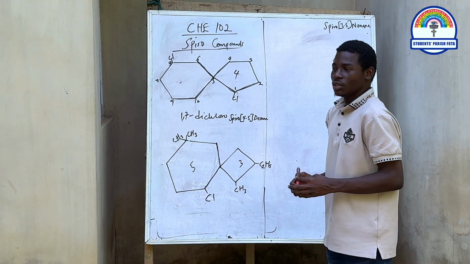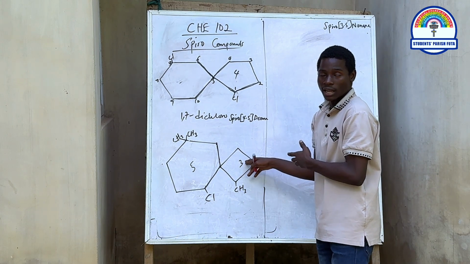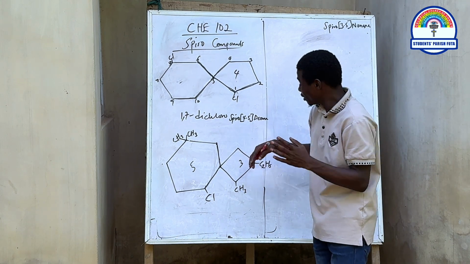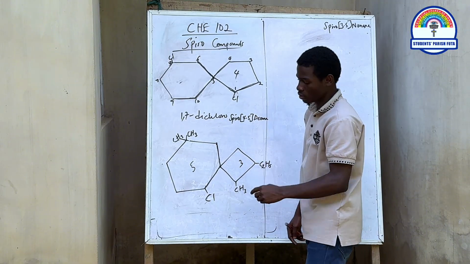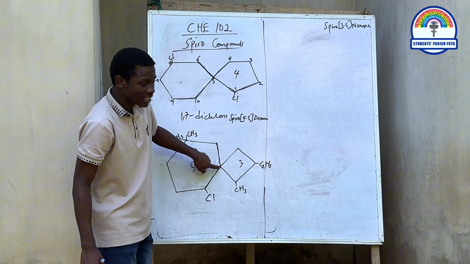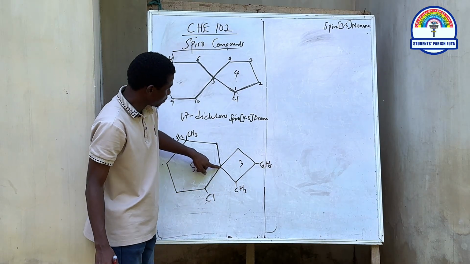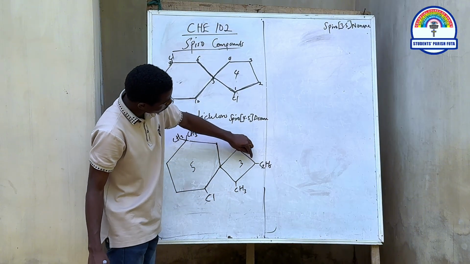You know that you have to name the substituent on the side with the fewer number of steps first. You give attention to the cyclo with the fewer number of steps first before you go to the next one. So now let's see what route would have been the lowest. We can't start our position number 1 from this meeting point. You have to start from either this or this. If you start from this as 1, this would have been 2, 3.